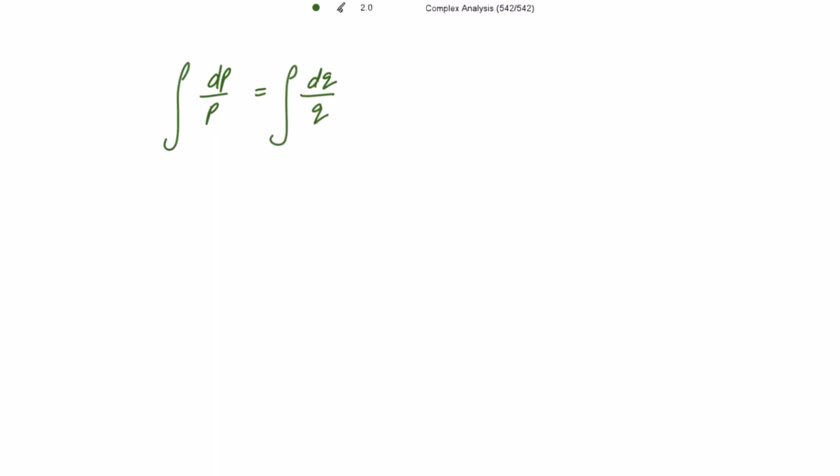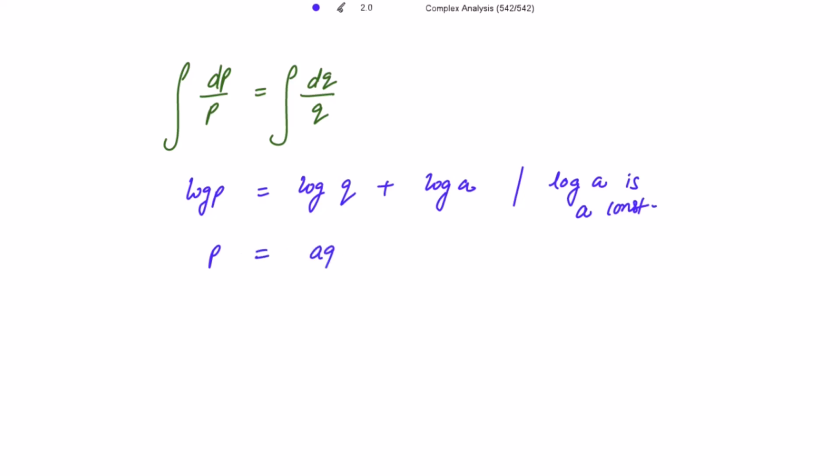Integrating both the sides, we get log of p equal to log of q plus the constant log of a, where log of a is a constant. So from here, using the property of logarithm, p is equal to aq, and we are getting the relationship between p and q.